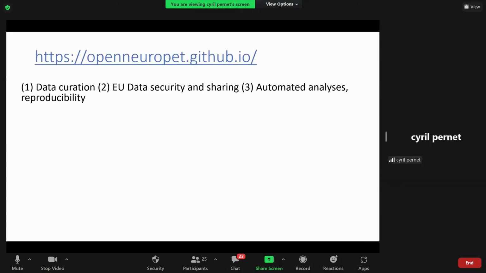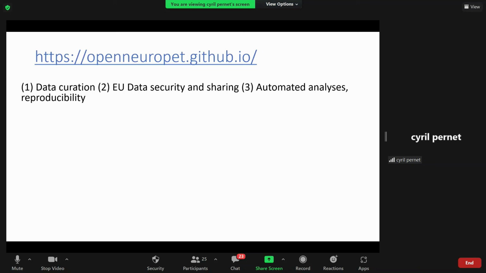Just to finish, I would like to mention OpenNeuroPET, which is something you might be interested in if you do PET imaging, and it's also very useful for brain tumors. We do a lot of data curation because there are actually not many good converters into NIfTI and JSON files for PET scanners.